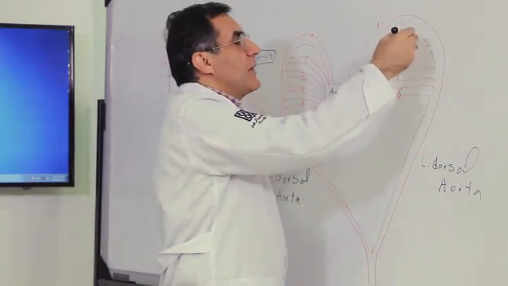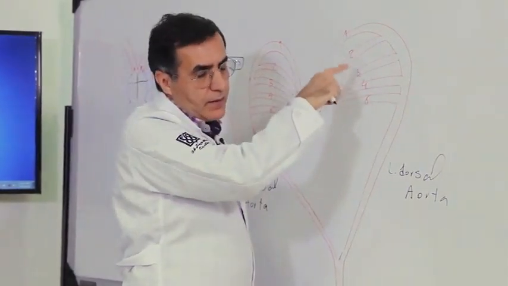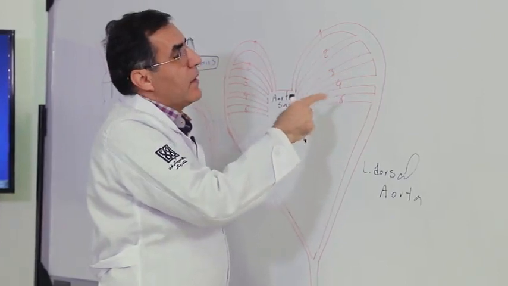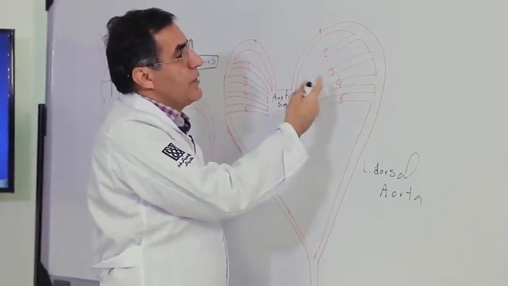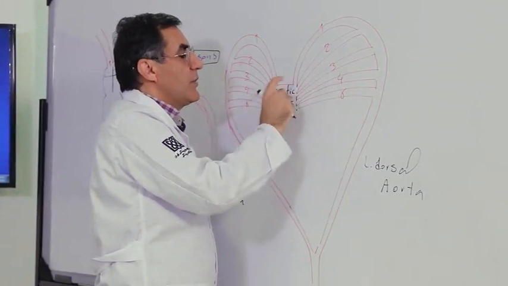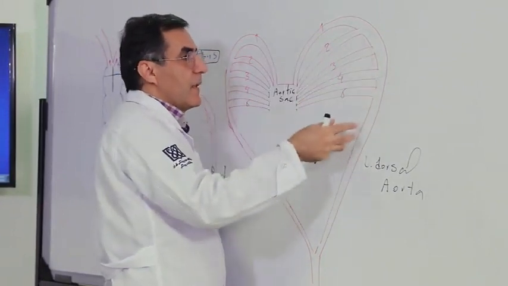After a short time, we have remodeling of these arterial arches, because in our body we don't have this relation between the heart and the aorta.